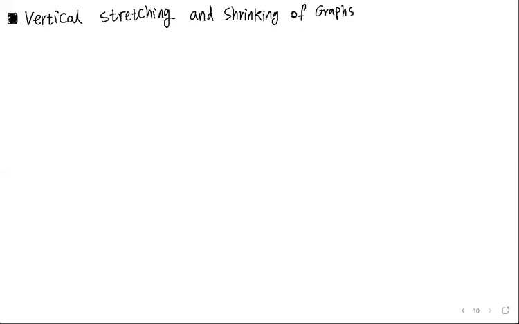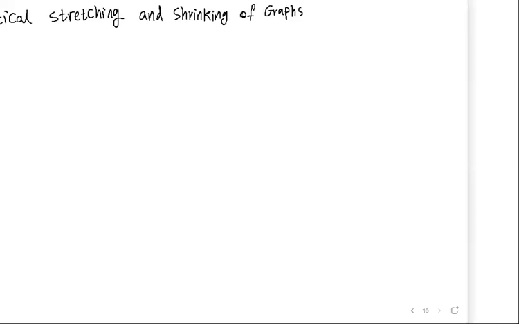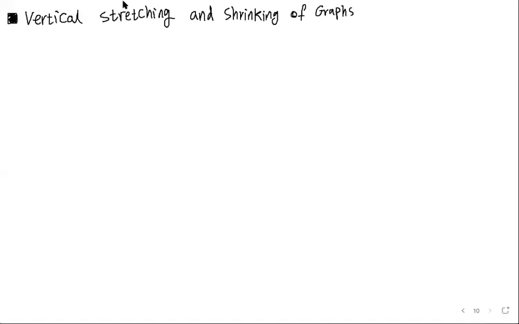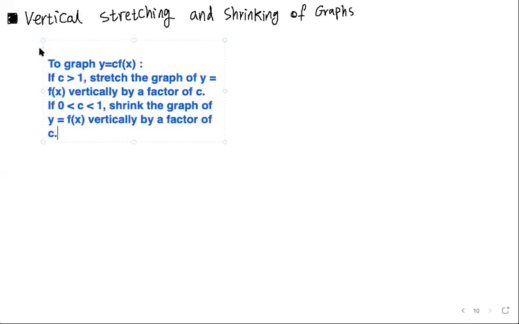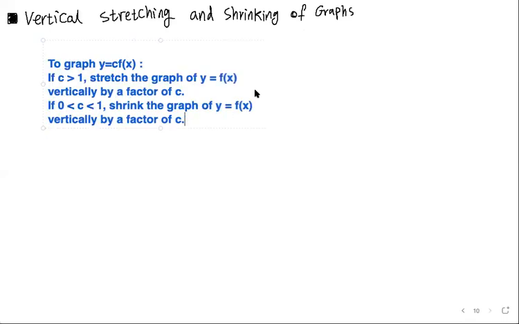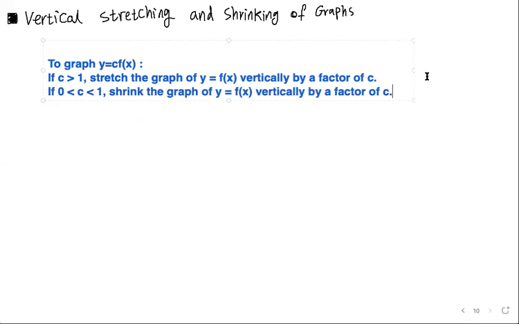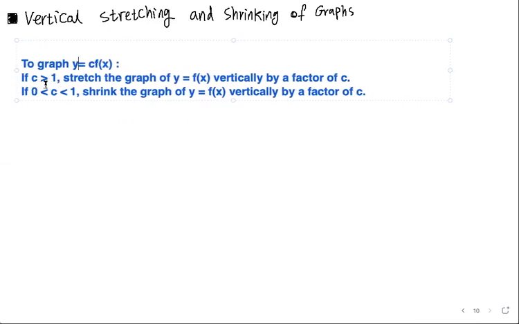Now, if the function is multiplied by numbers, for example, like that, to graph a function like that, y equals c times f of x, we have to know, first of all, what is the value c?